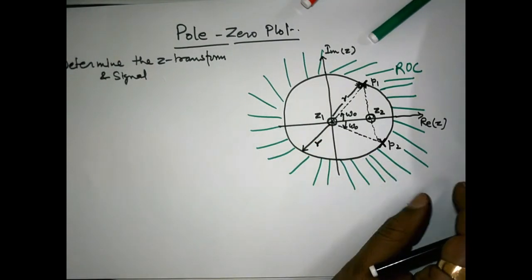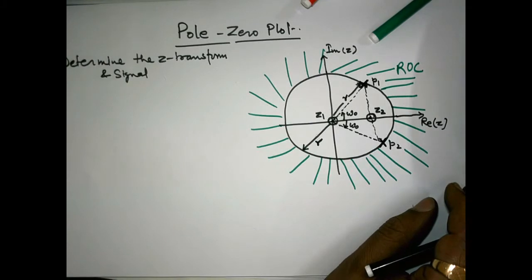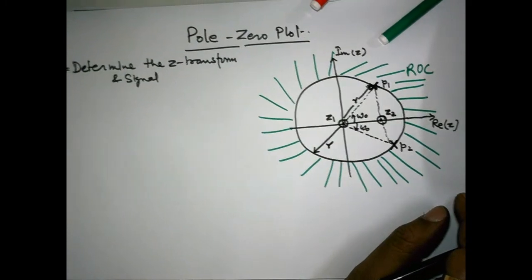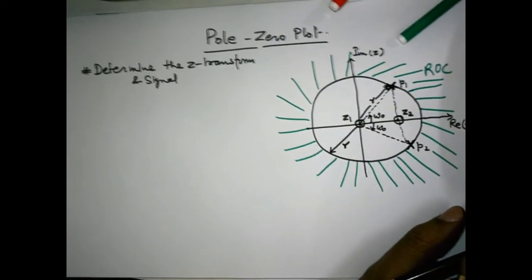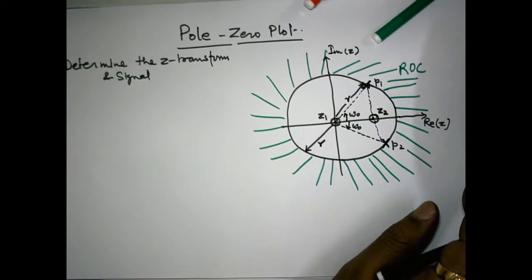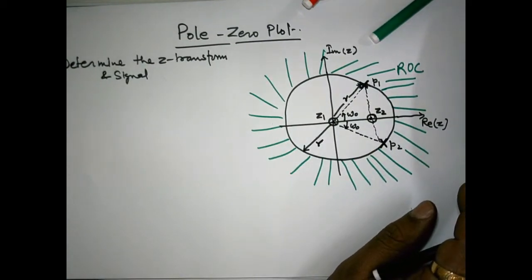Naturally, as you are looking at this pole-zero plot, this signal will be a causal signal. Why? Because the region of convergence covers the exterior of some circle having radius r.